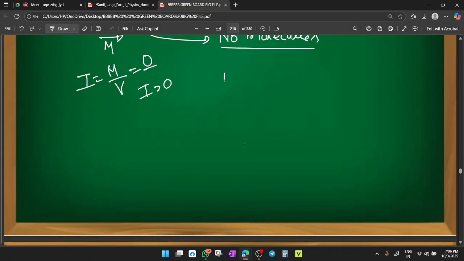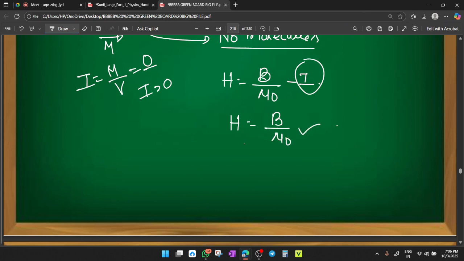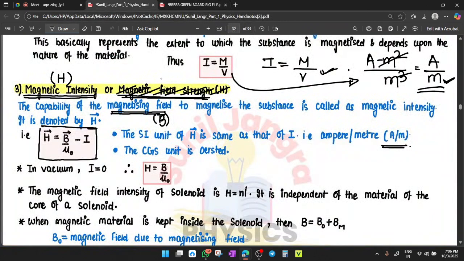So in the formula H equals B upon mu naught minus I, for vacuum I becomes 0, so H equals B by mu naught. In vacuum, intensity of magnetization is equal to 0 because no atoms are present as medium.